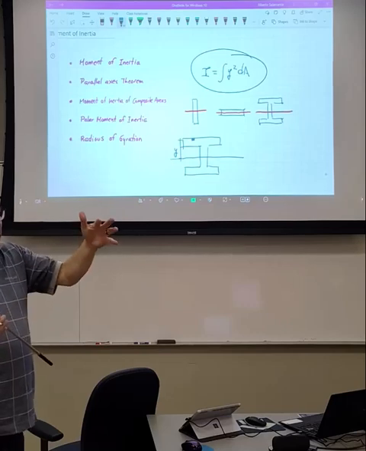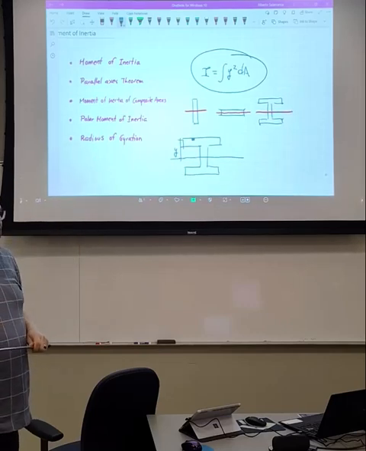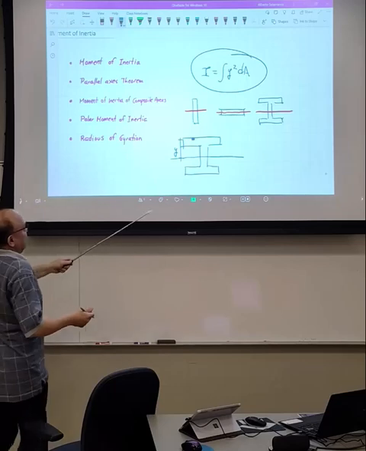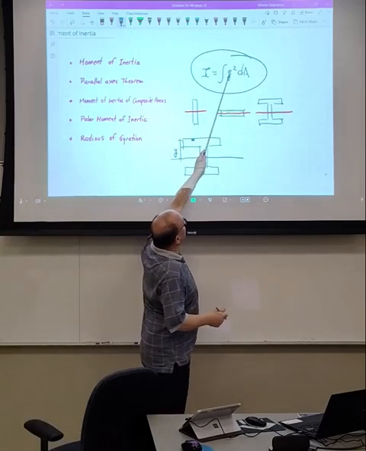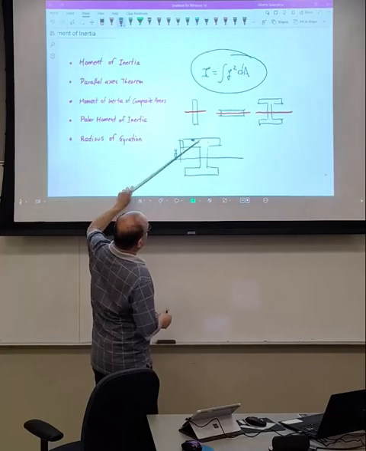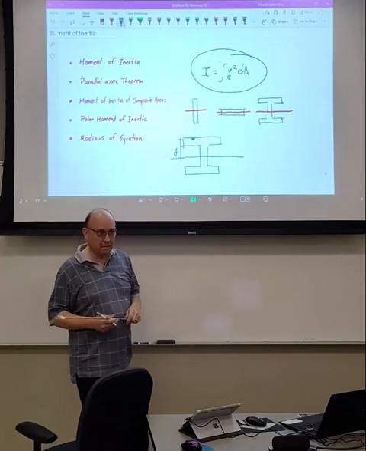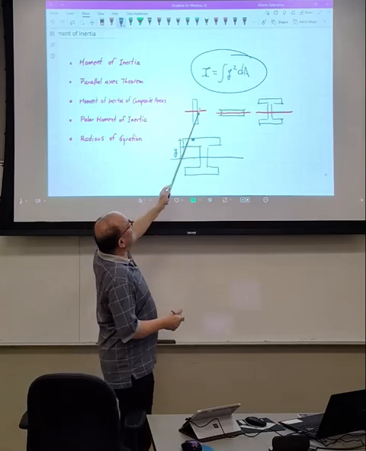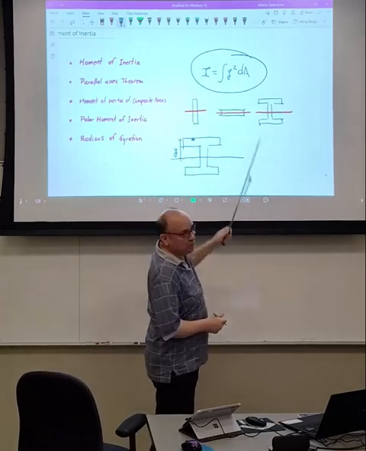When you put a square, the negative disappears, right? That's the idea why we put the square here. So all the elements of the area come. That's a rough explanation of this equation and how it works.